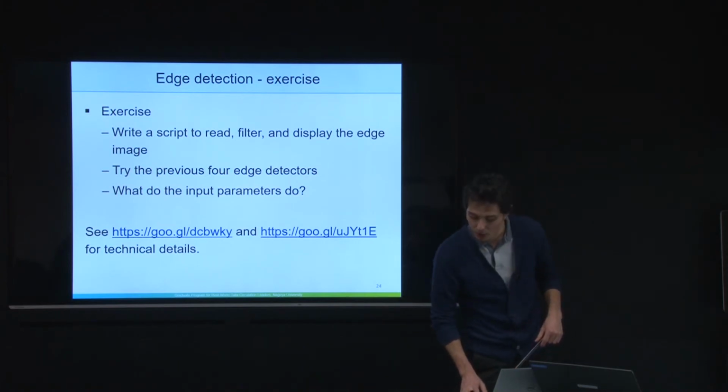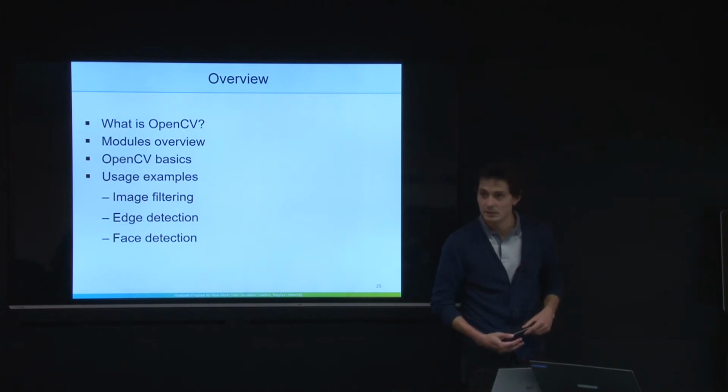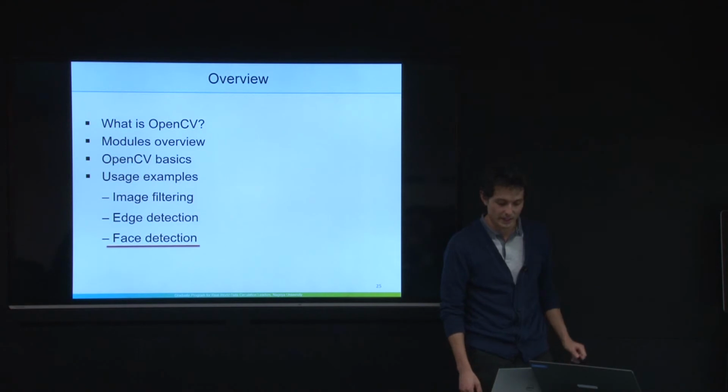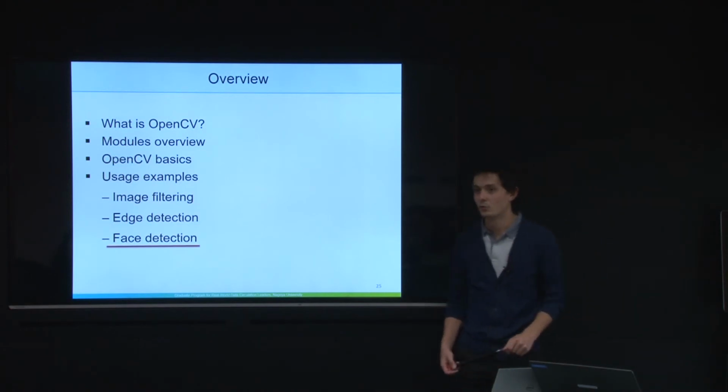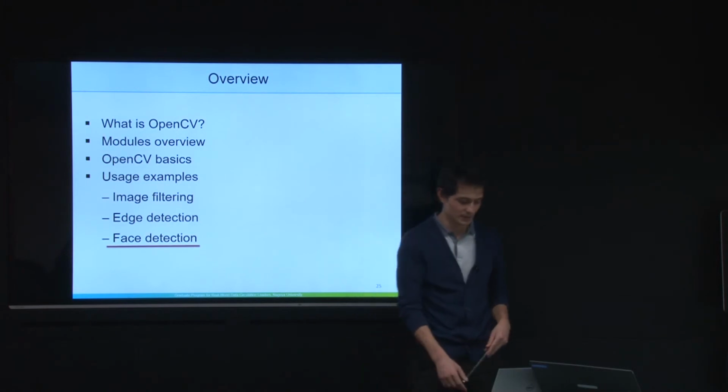Let's keep going. I think everybody's managed to at least run some of those edge detection algorithms. The last one we're going to look at is something a little bit more high level, face detection. Face detection requires a little bit more processing.